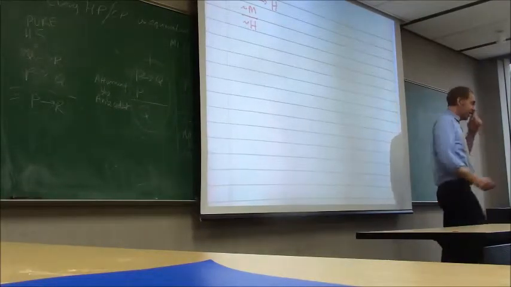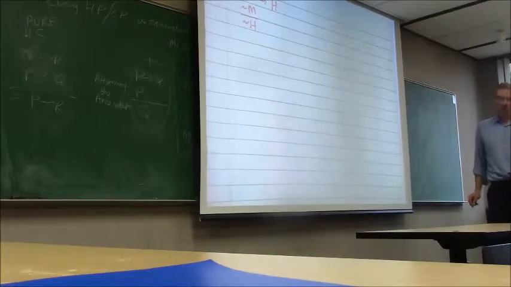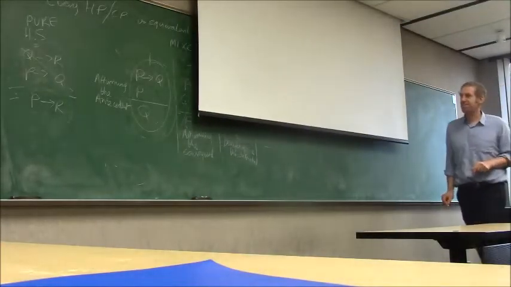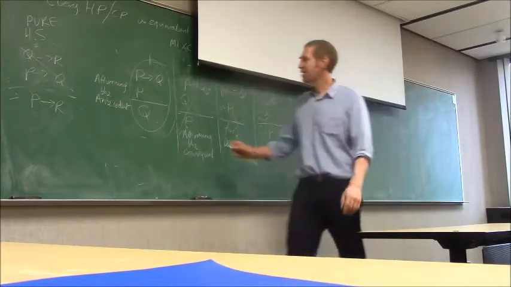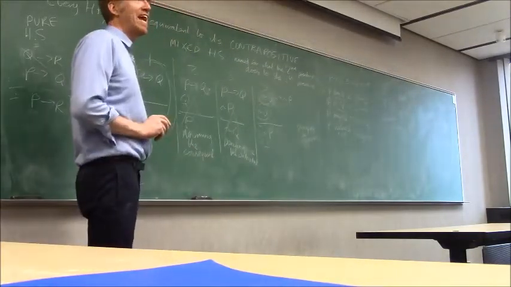Denying the antecedent, which is valid or invalid? It's invalid. Oh, I forgot to tell you something you don't actually need to know yet, but I'm going to tell you anyway: the valid ones get a special Latin name.